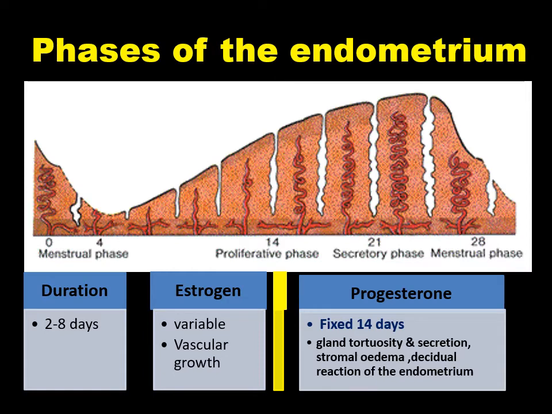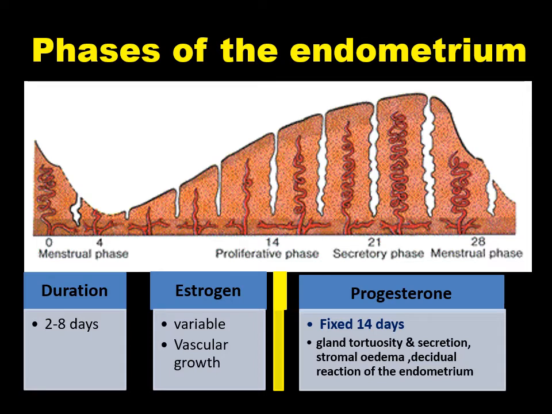Ovulation follows after the LH surge, with the release of progesterone from the corpus luteum, which leads to more proliferation, more regeneration of the functionalis layer of the endometrium, and vascular changes, more tortuosity of the vessels, and in addition to that, gland secretion of glycogen, lipids, and proteins, which possibly may be required for nourishing a possible pregnancy.